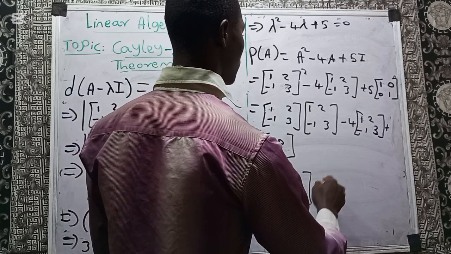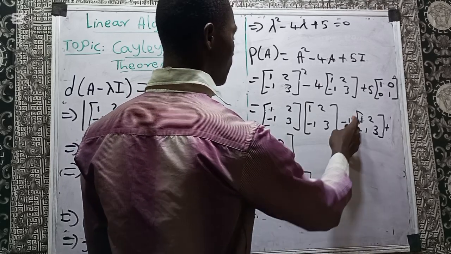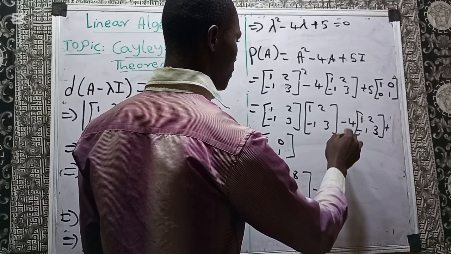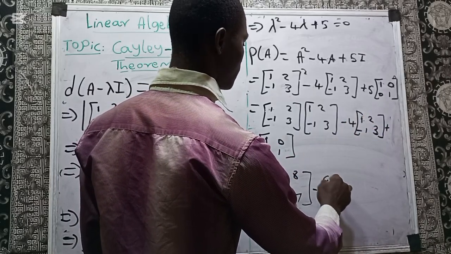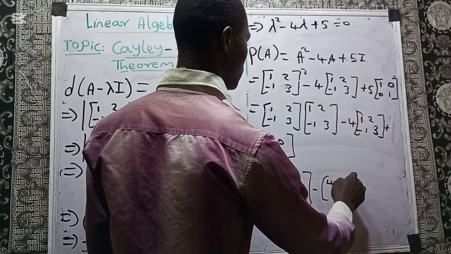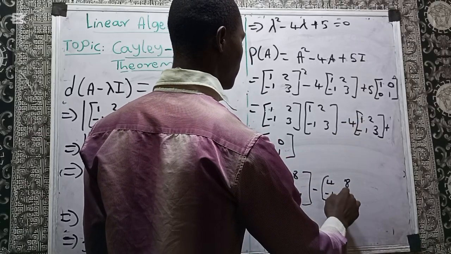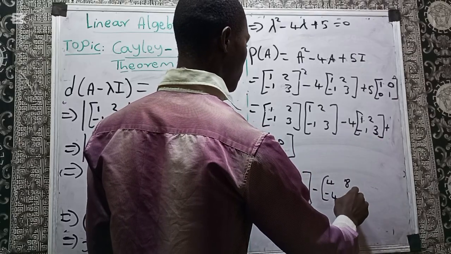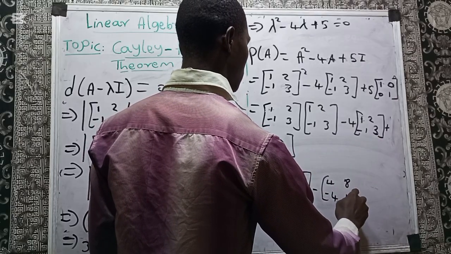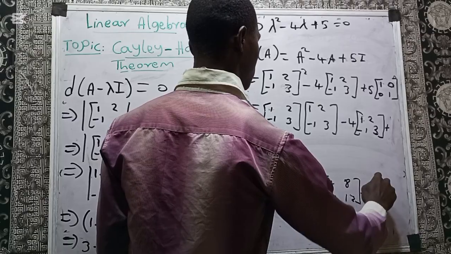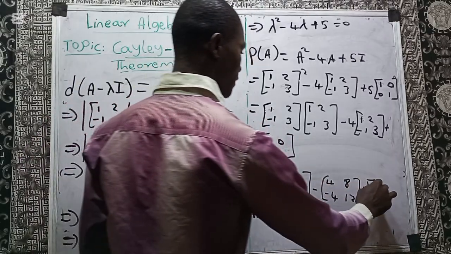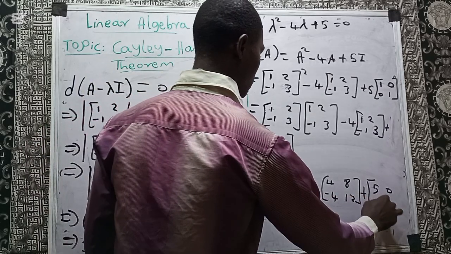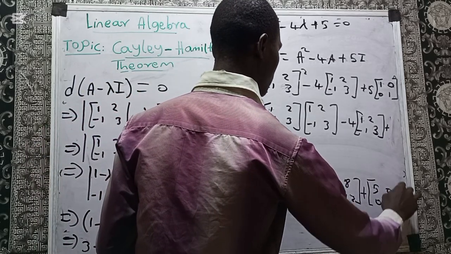So we have minus 4 multiplied by 1, which is 4. 4 multiplied by 2 is 8, 4 multiplied by negative 1, negative 4. 4 multiplied by 3, we have 12. Plus 5 multiplied by 1, 5. 5 multiplied by 0, 0. 5 multiplied by 0, 0. 5 multiplied by 1, 5.